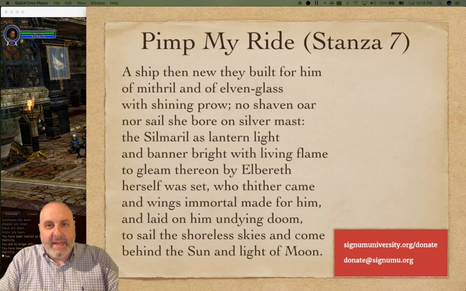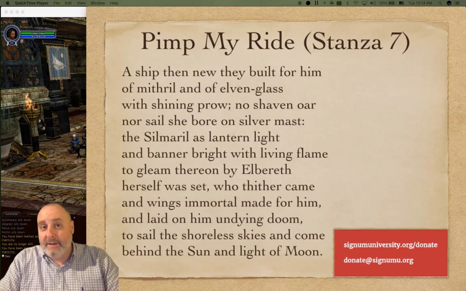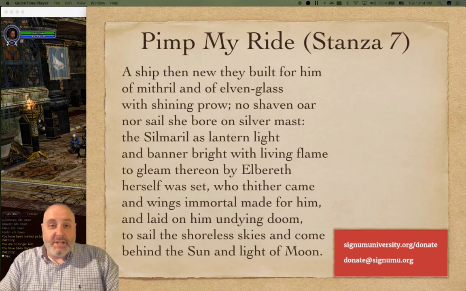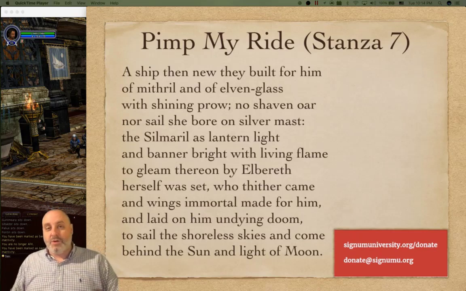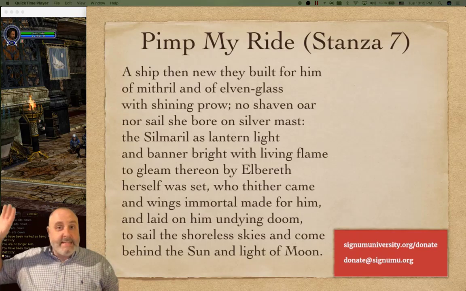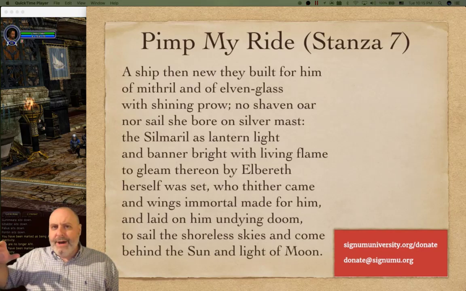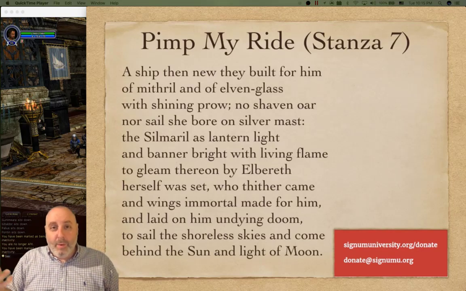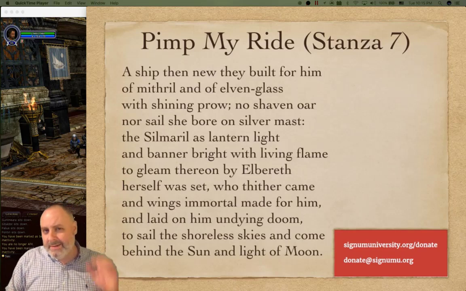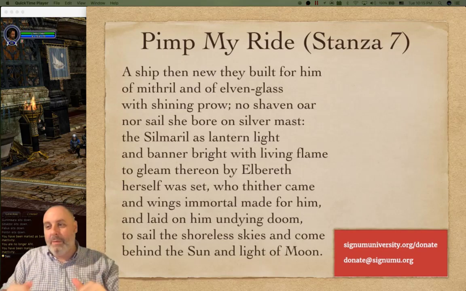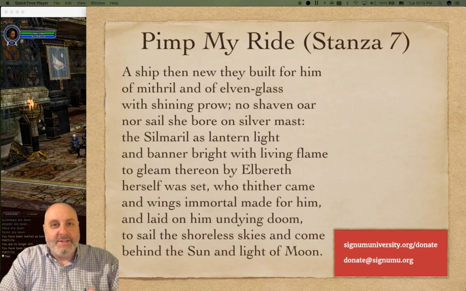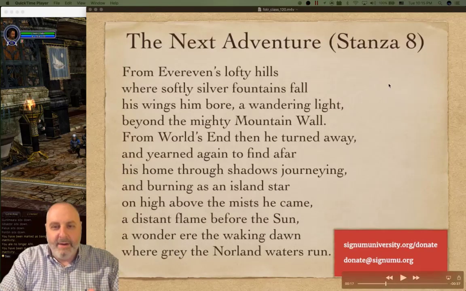This is the thing he's been doomed to do, fated, destined to do: to sail the shoreless skies and come behind the sun and light of moon. Now, just to say his doom is to sail the shoreless skies just means it's his destiny to sail up there. But when it's an undying doom, we begin to see that he's not coming back.